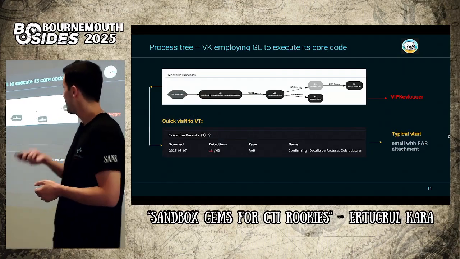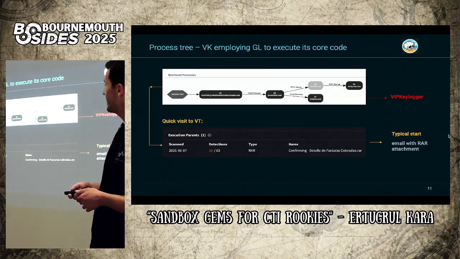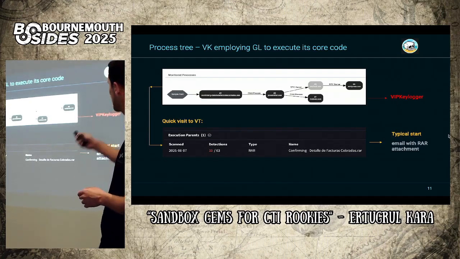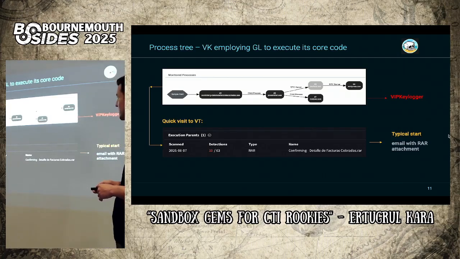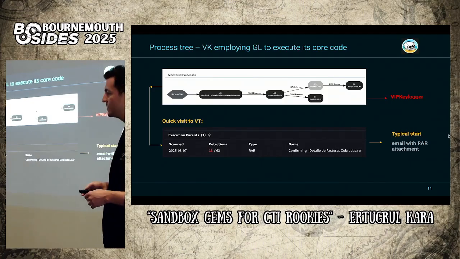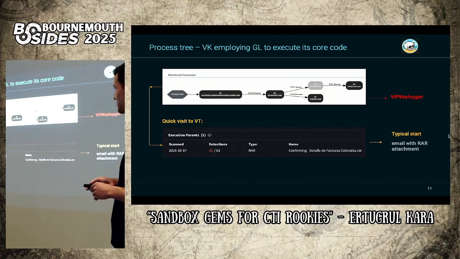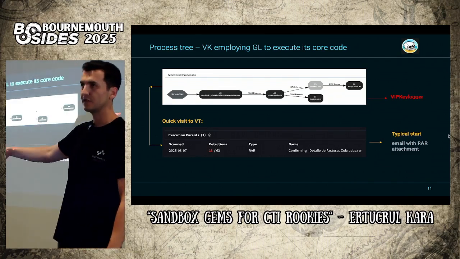In order, as we can see in the middle, PowerShell, and there are some other executables as well. At the end, we know that VIP keylogger got executed. I had a quick visit to VT, a partial pivot, and what I wanted to see was whether there is any execution parent for this file.